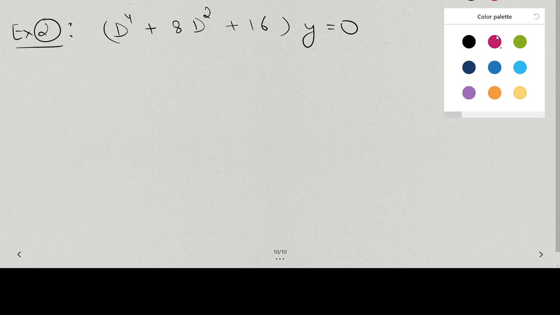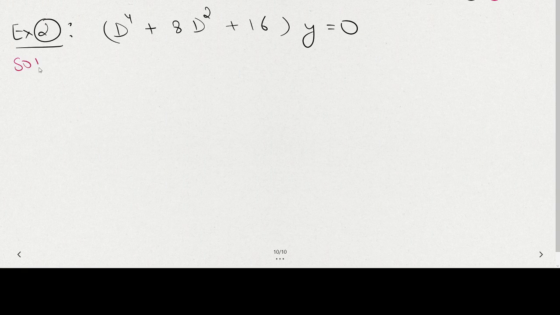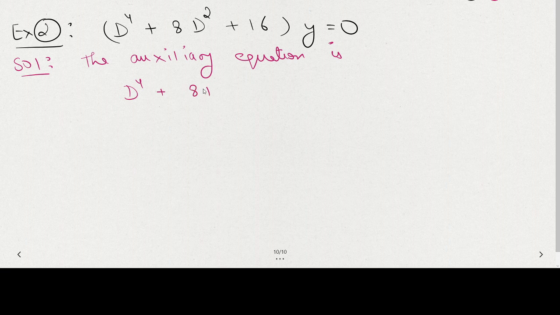Now the solution: the auxiliary equation is D^4 + 8D^2 + 16 = 0.